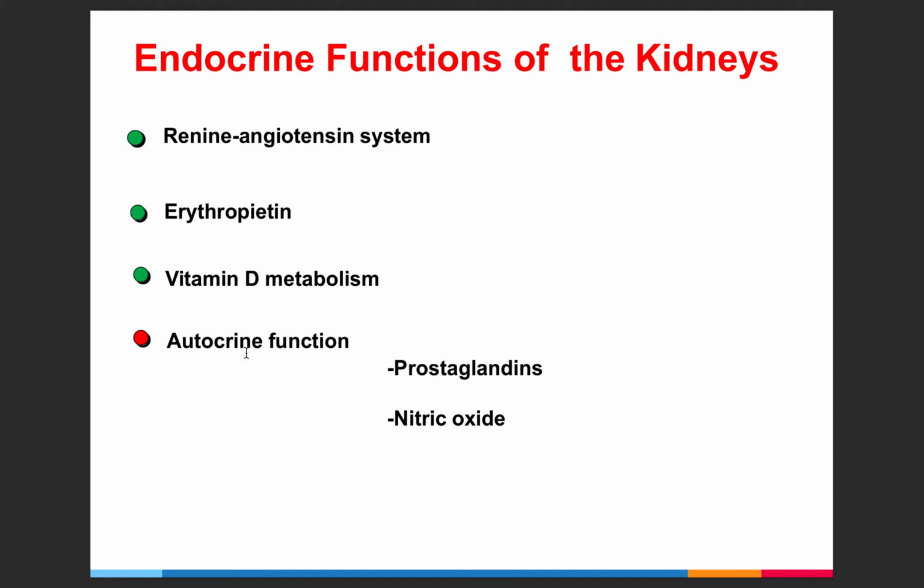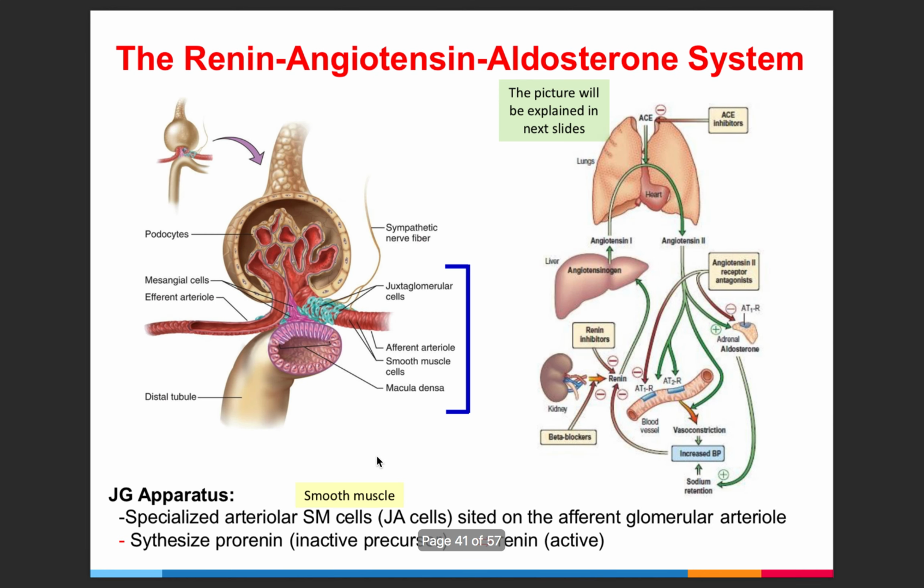And we have the autocrine function, which is the prostaglandins that either dilate or constrict the afferent or efferent arteriole. There's also nitric oxide, to only dilate the afferent or efferent arterioles.